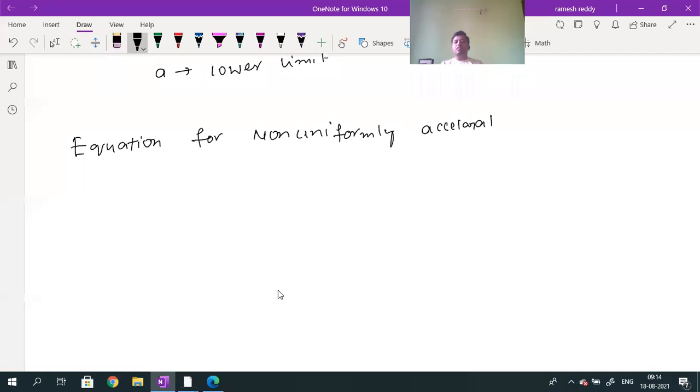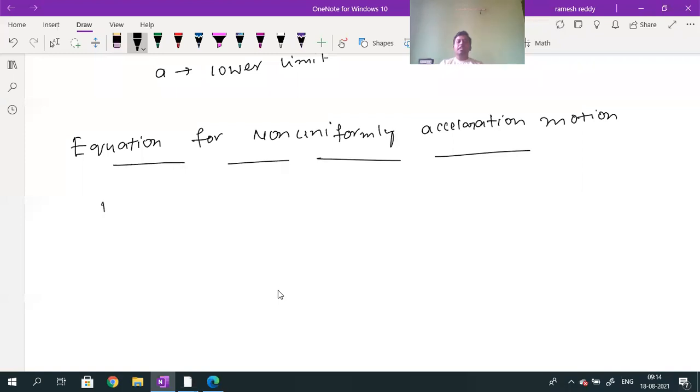Whenever the motion is non-uniformly accelerated motion, what are the equations of motion? For uniformly accelerated motion, we already wrote the equations.